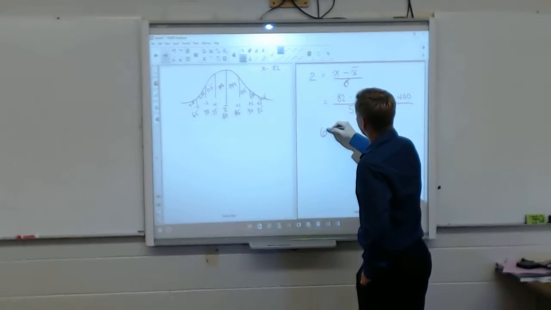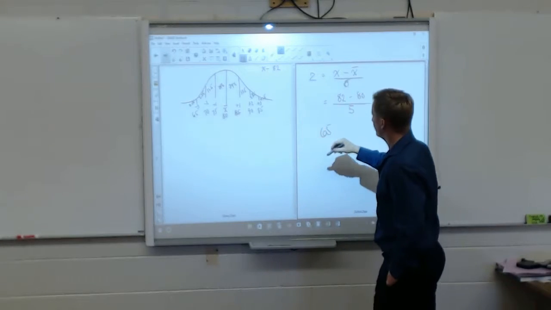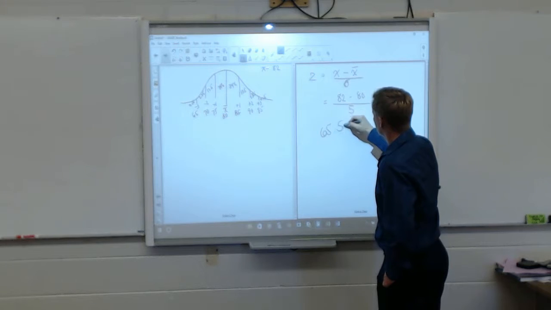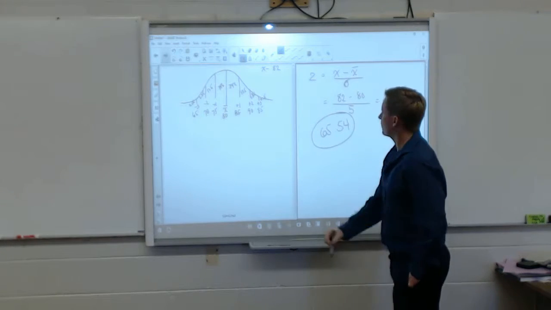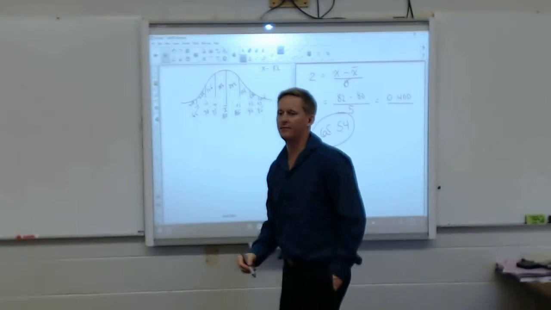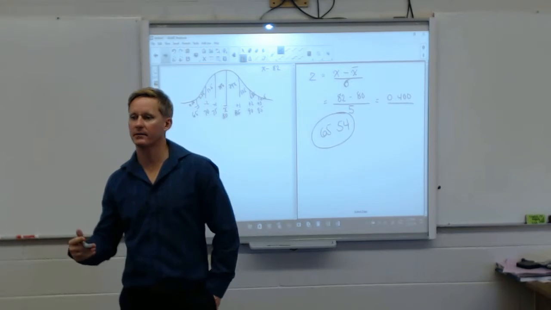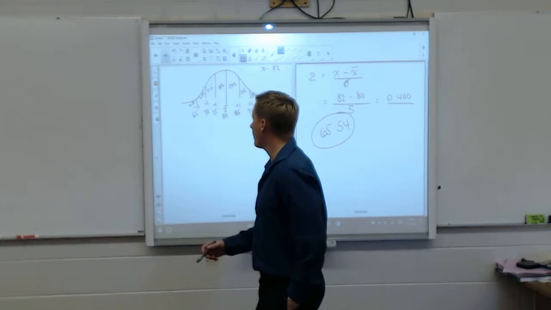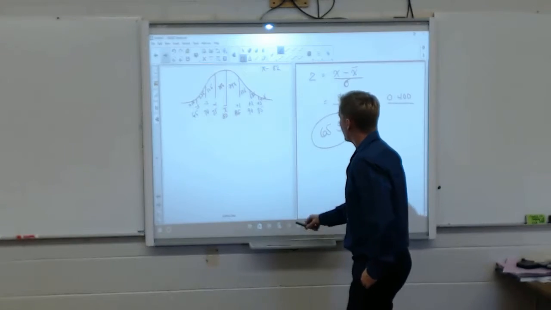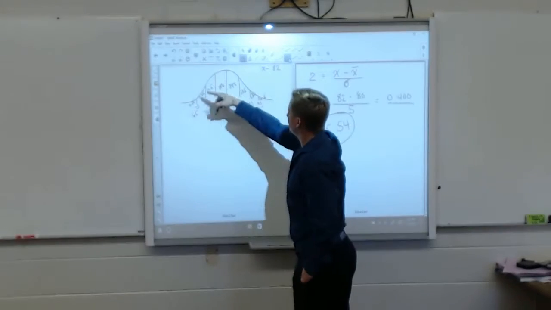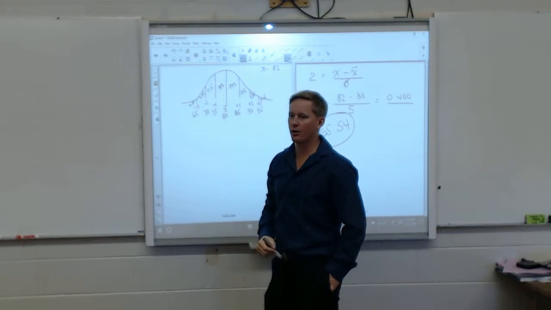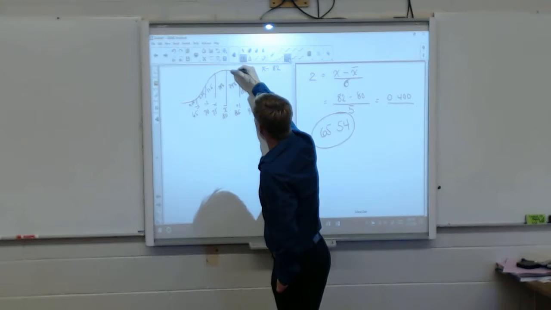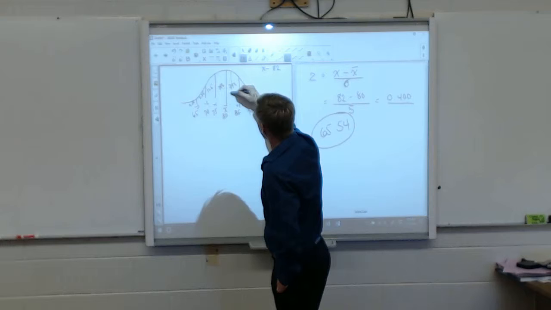So what is that? That means that score of 82 scored higher than 65.54% of the people that wrote the test. Okay? Now I want you to make sense of that. Where does, on this bell curve, where does 82 occur? Somewhere in here, right?